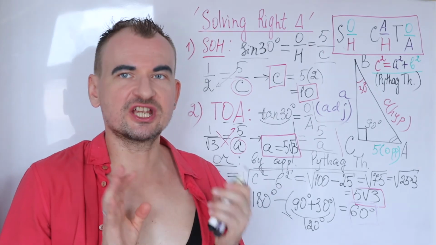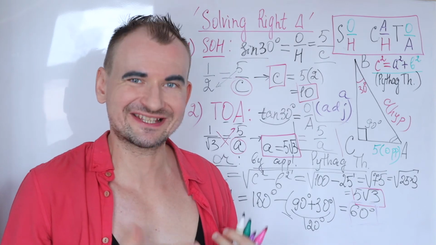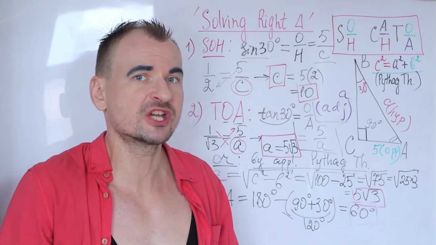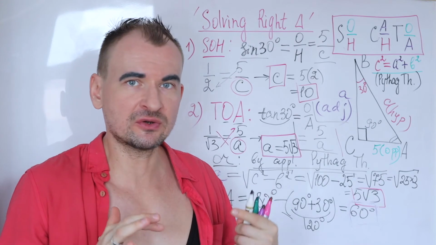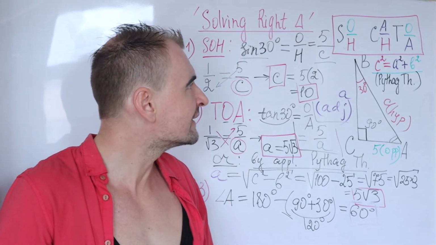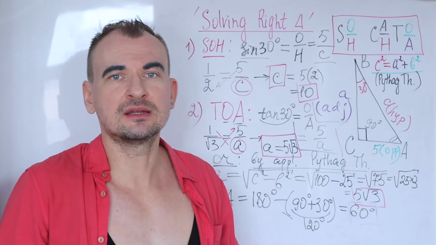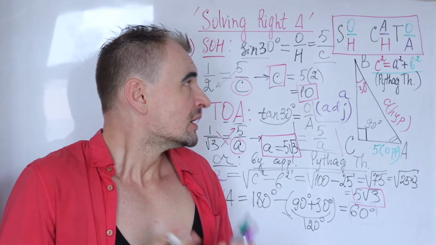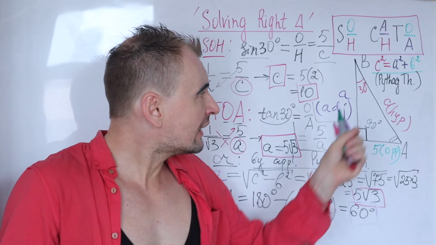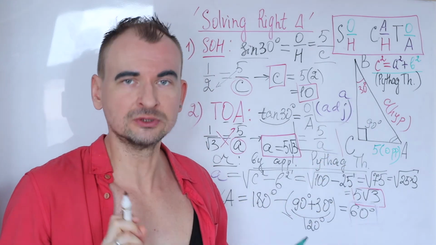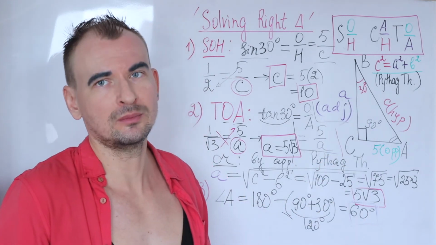So in that case, just use your graphing or scientific calculator. Just plug into your calculator and figure out these values for sine, cosine, or tangent of that angle that you are given. Just make sure that you are in degrees mode, not in a radian mode.